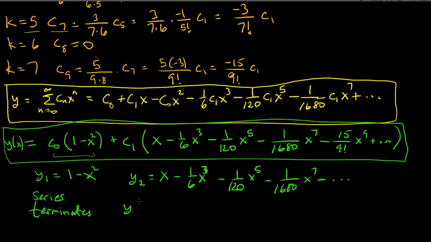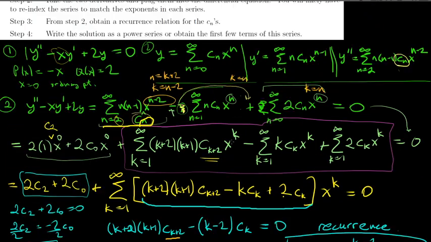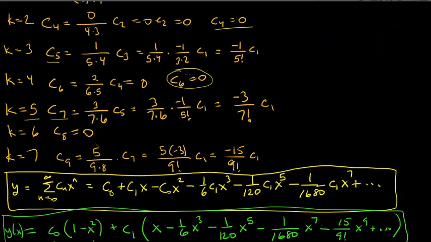Okay, so our full solution then is, just to be consistent, I'll call this C0 y1 plus C1 y2, but whether you call them C0 or C1 or C2 doesn't matter. The point is we have 2 linearly independent solutions, and when you combine them, you get your full general solution for the original equation.